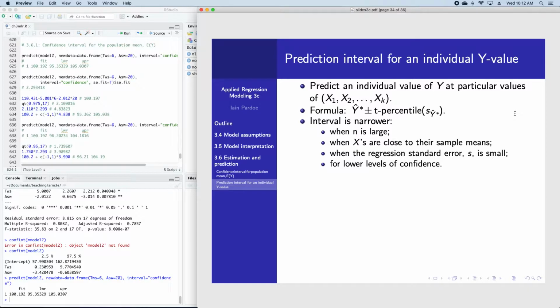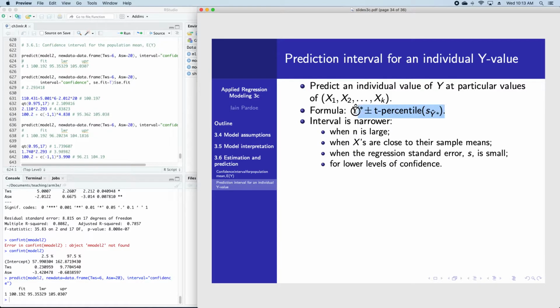We're thinking about, if TWS equals 6 and ASW equals 20, what are the actual labor hours predicted to be? That's a harder question to answer. There's more uncertainty in a prediction than there is in estimating a population mean. Otherwise, everything looks very similar.